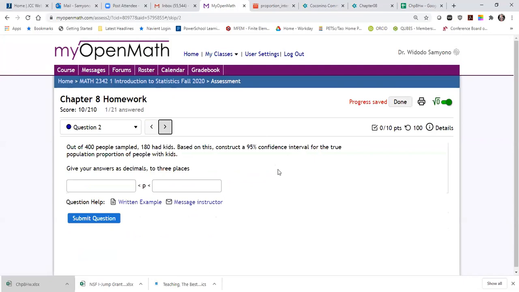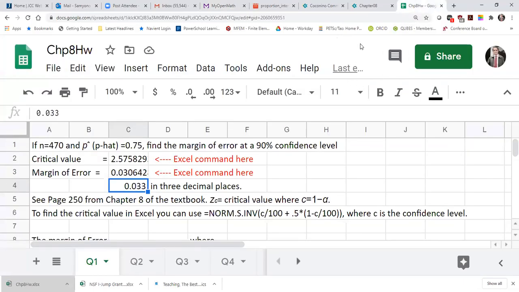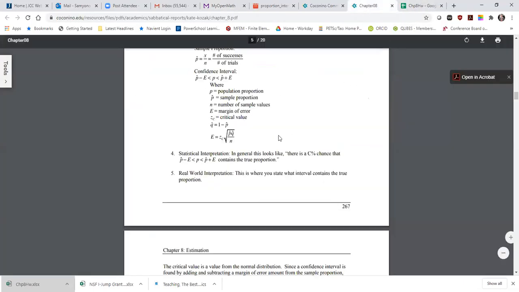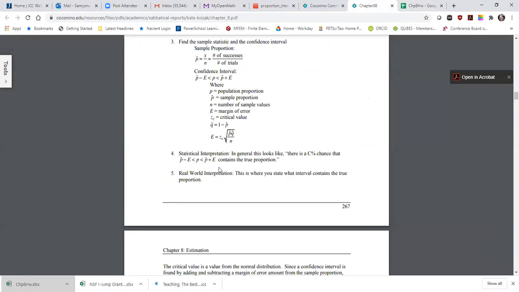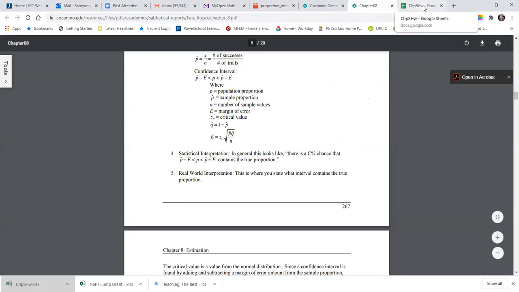So now looking for the confidence interval. Remember, the confidence interval is simply you subtract the margin of error from the p hat on the left, and then you add the margin of error to the p hat on the right side, right?